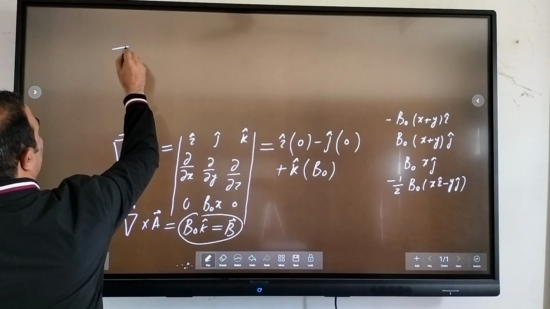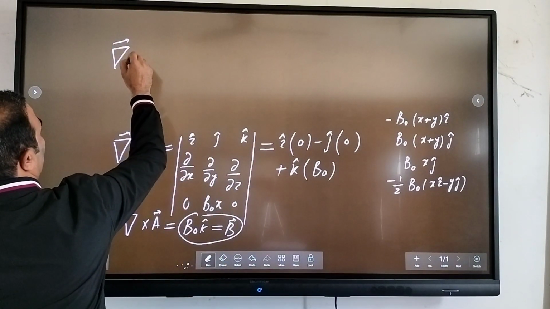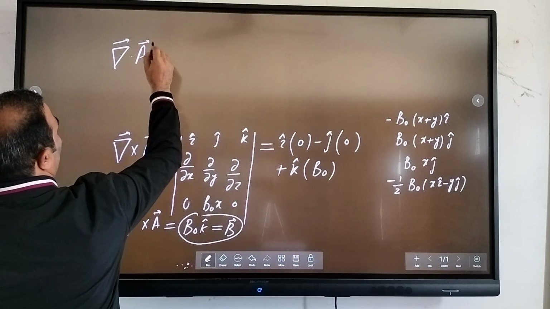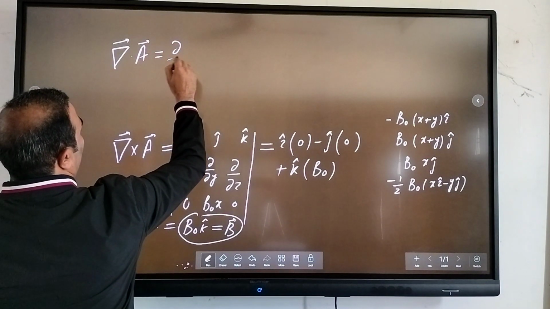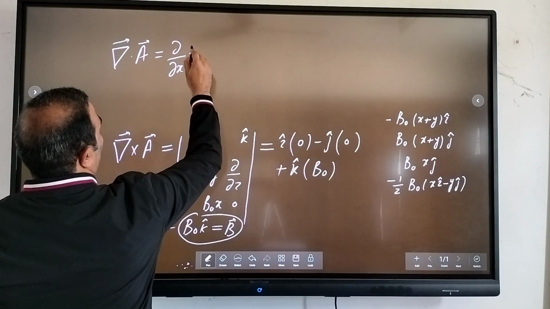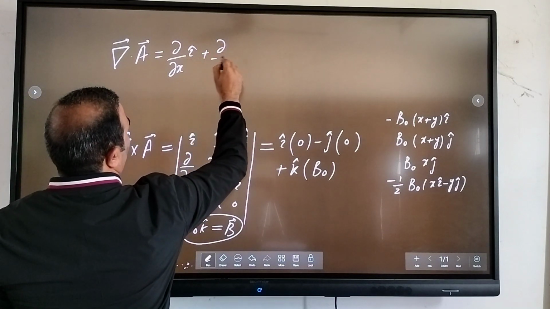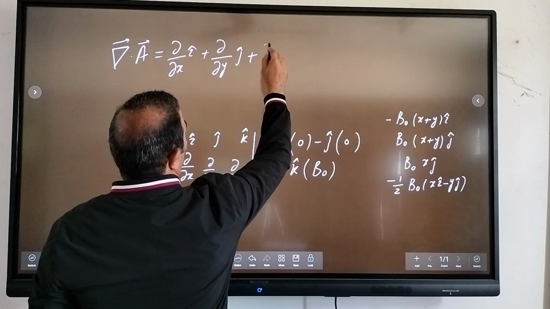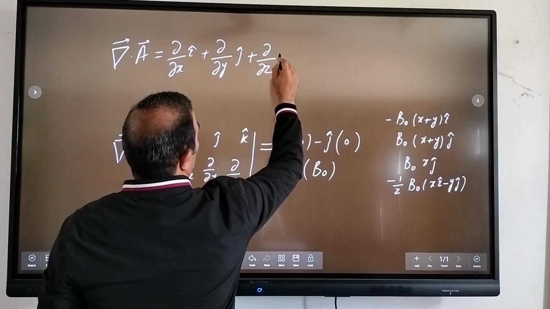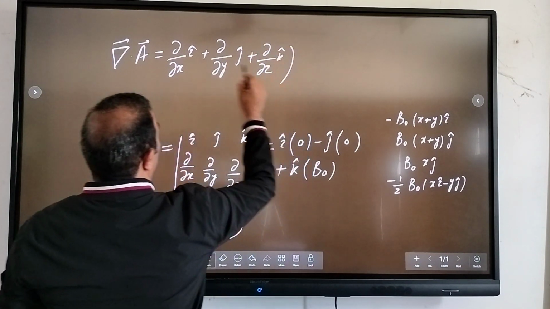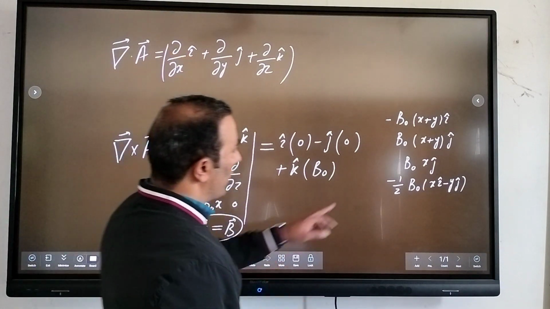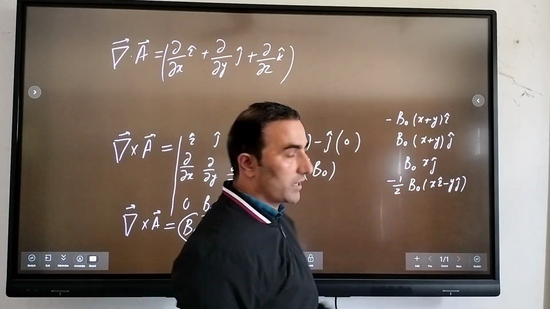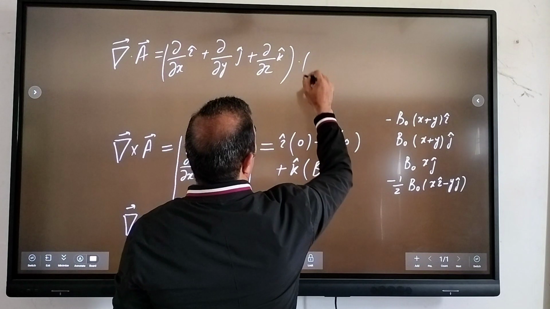So what's our nabla dot A now? Now अभी हमारा जो वेक्टर पोटेंशियल है that is b naught x j cap. So you take that.